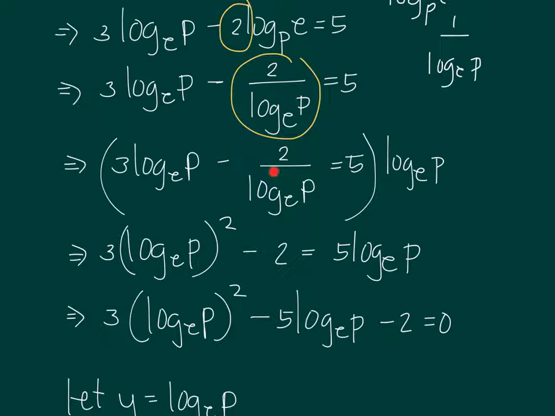This is why you only have the 2, but the 5 gets a log_e p. Then subtract both sides by 5 log_e p. So this will become 0, and then you have a new 5 log_e p on the other side. Note I already arranged it because I am expecting a quadratic equation here. How did I know that? Because I see a square.